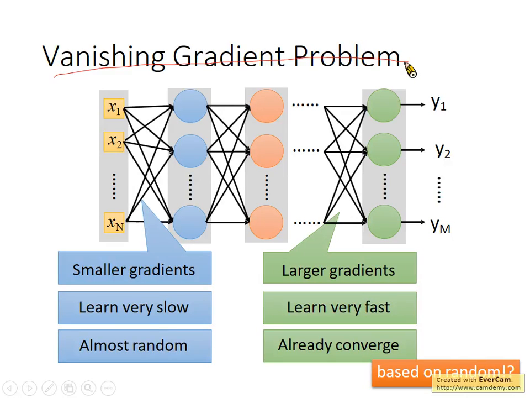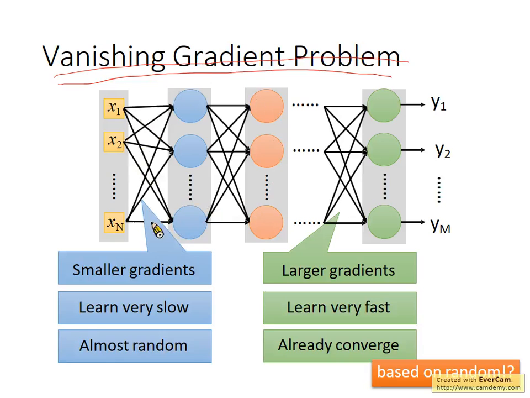If we use the sigmoid activation function, which was quite commonly used in early years when we constructed neural networks, there is a problem called vanishing gradient.